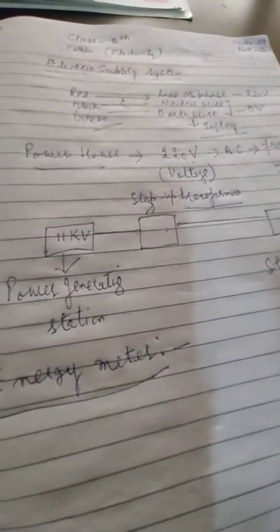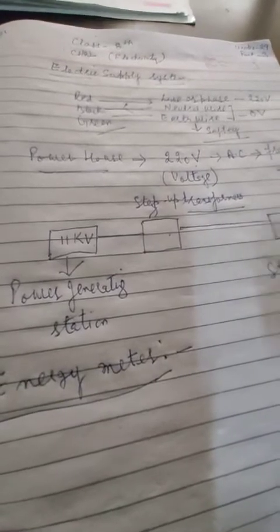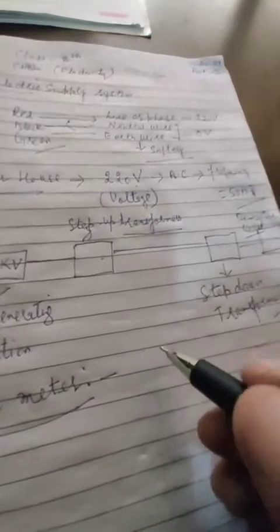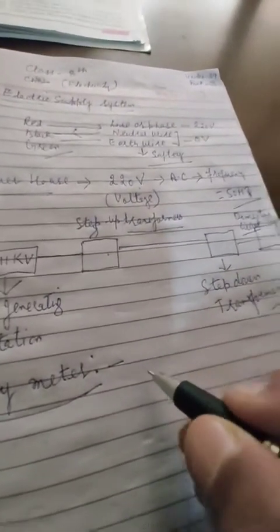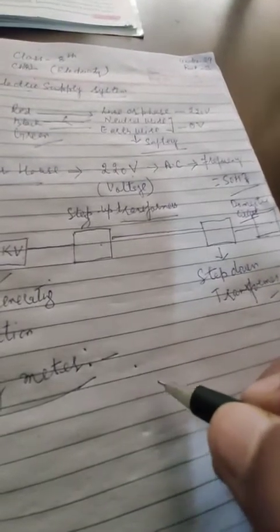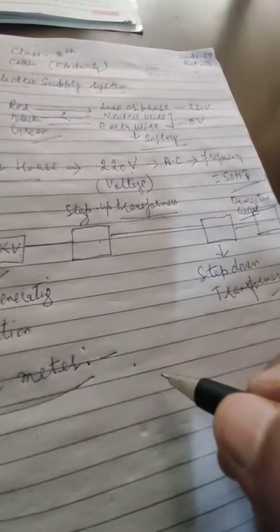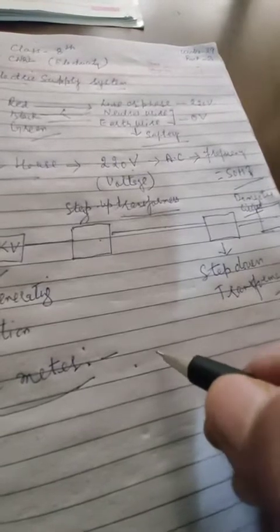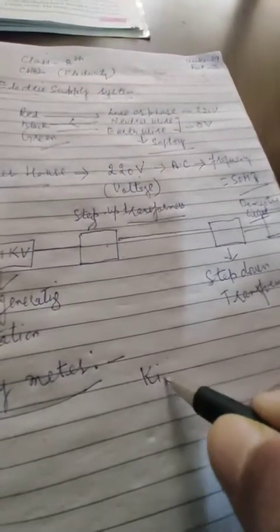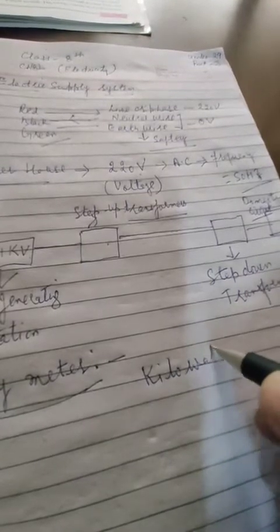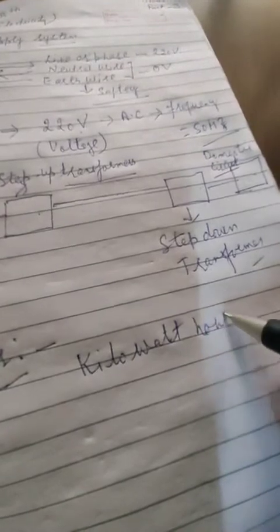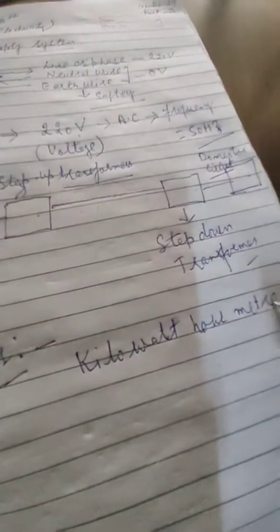Generally, in our homes we say that this is a meter. That meter is known as kilowatt hour meter. The meter which was installed on the walls of our houses, which has been shifted to the community panel, is known as kilowatt hour meter.